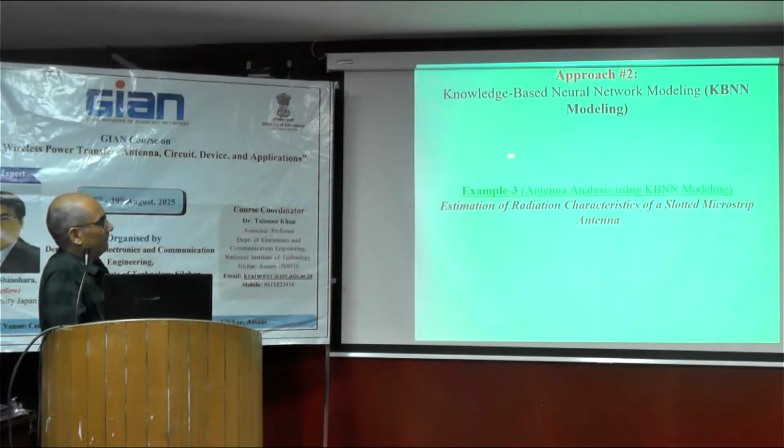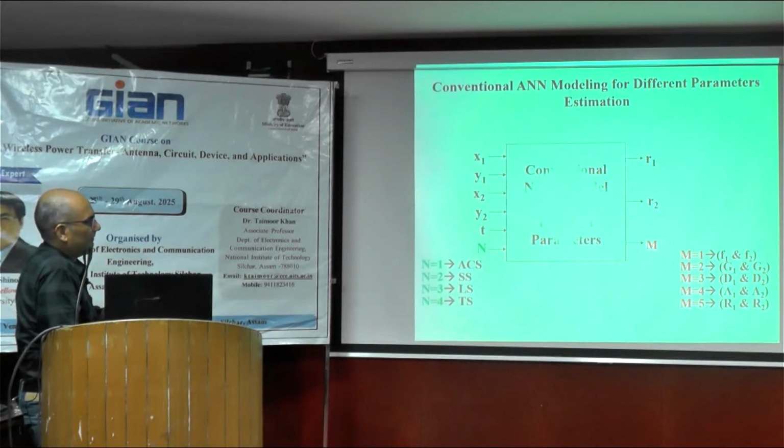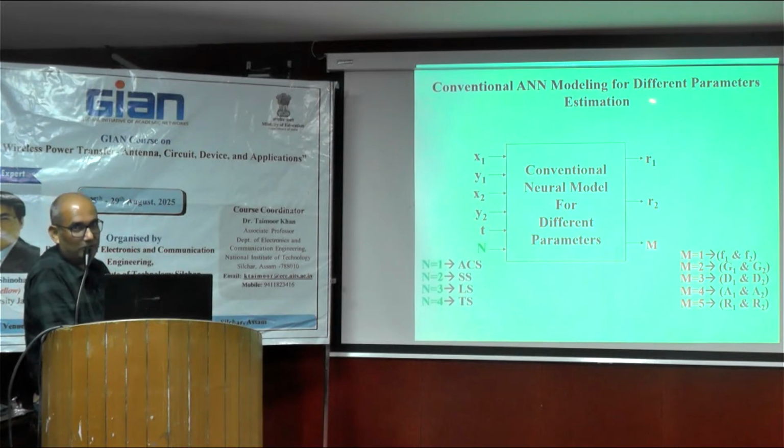Coming to the first example, the estimation of radiation characteristics of a slotted microstrip antenna using KBNN. Just see the model: x1, y1, x2, y2, t, n, corresponding to example 2, and this is the response. You have a two-dimensional response: dual resonance, dual gain, dual antenna efficiency, dual radiation efficiency.